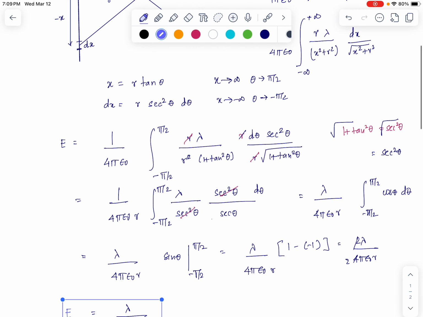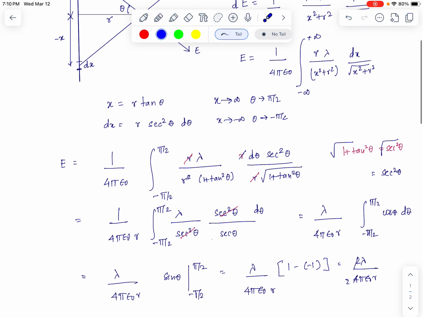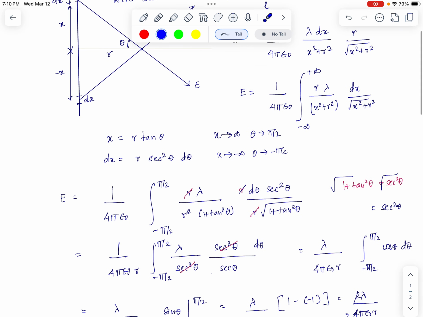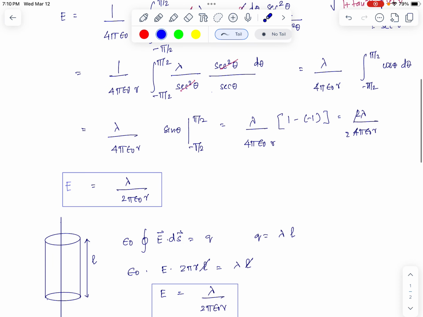In the first approach, we started with Coulomb's law. We found the components in a direction perpendicular to the wire, that is the radial direction, and along the wire, and we determined that the components along the wire actually cancelled out. As a result, we integrated over the wire, assuming that the wire is infinitely long compared to the distance of the point from the wire, and we got this answer.